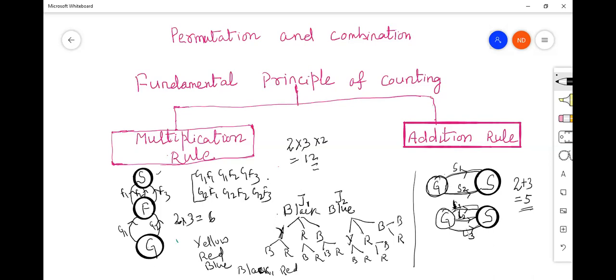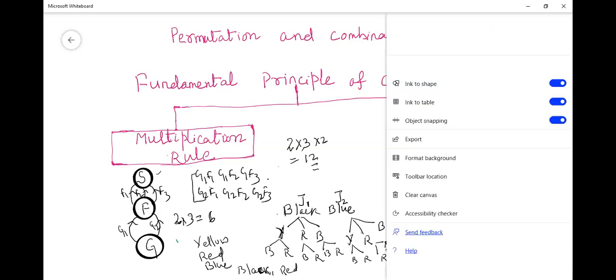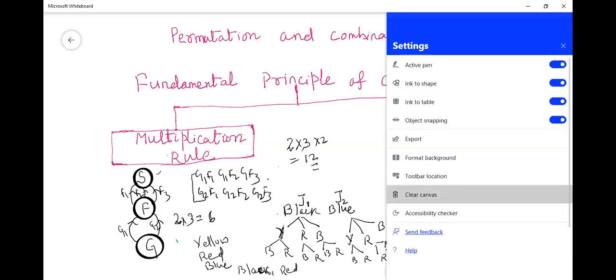Okay, is it clear? So fundamental principle of counting, we can take in these two types, right? One is multiplication rule, the other one is addition rule. Okay, so we can define in a proper mathematical way also. So this is one of the important concepts even in probability.